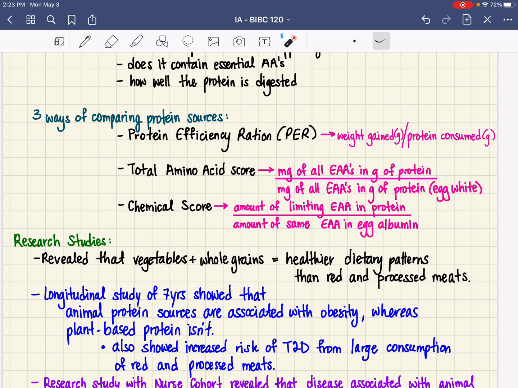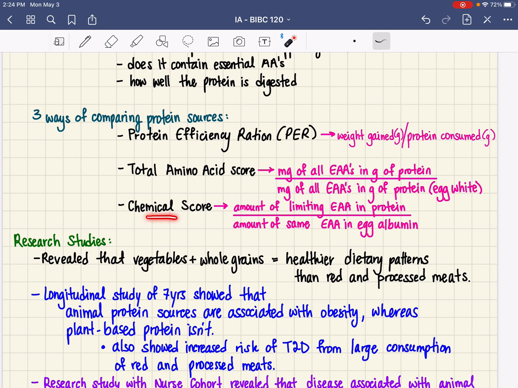An egg white is used as the standard because it is very rich in many types of essential amino acids. So egg white is used as the standard of calculating the quality of protein that other food sources have.